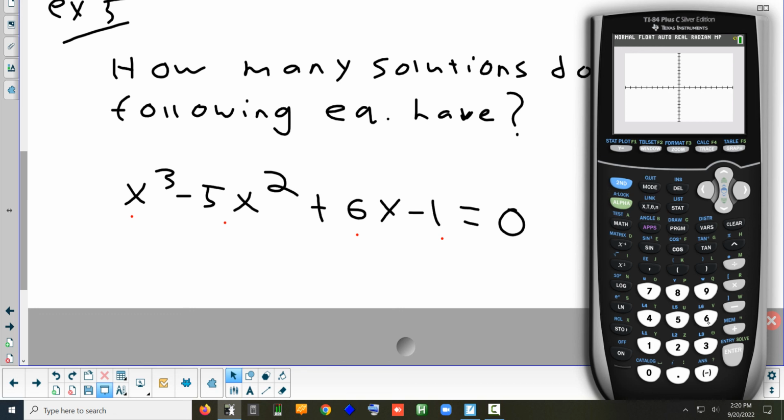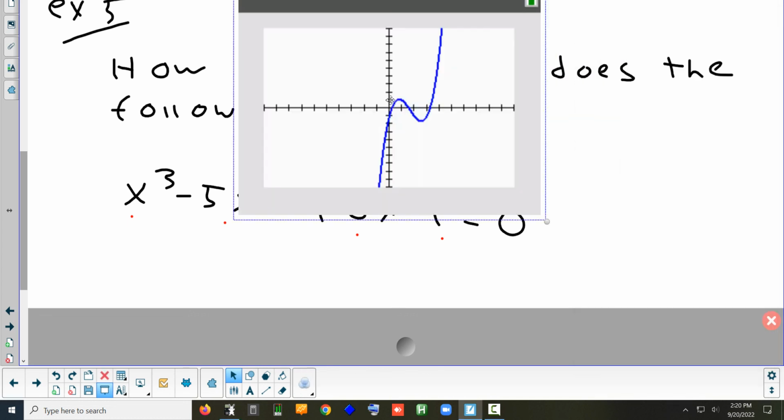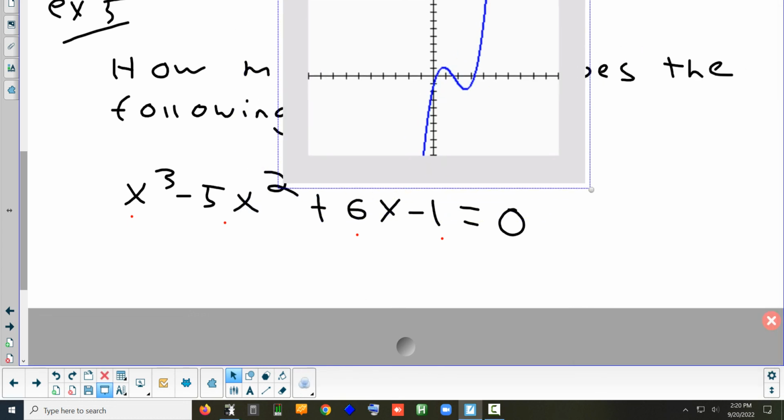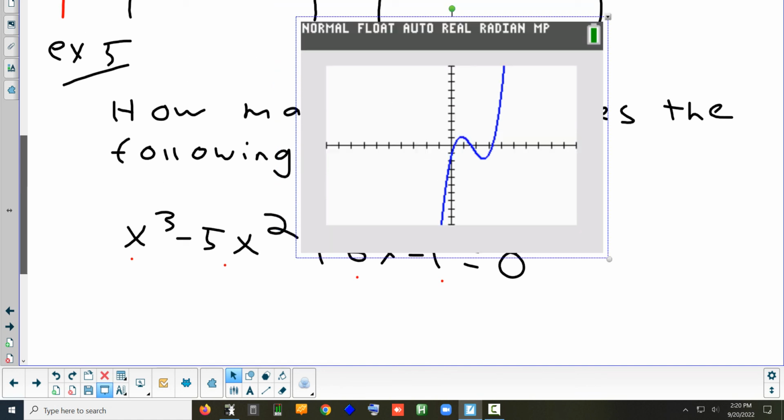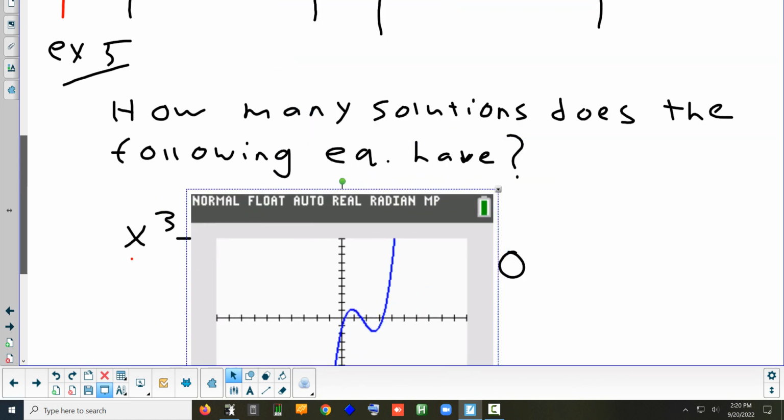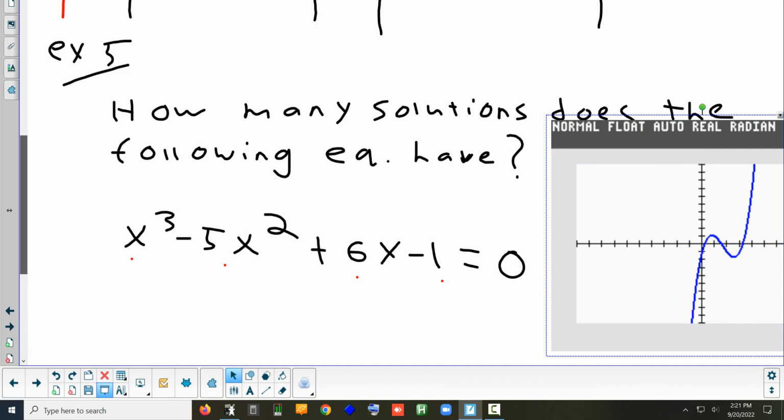So zoom 6. And I'd say that's a good window for this problem. There's nothing we need to adjust. And that should answer our question: how many solutions does that equation have? Well, Chris.